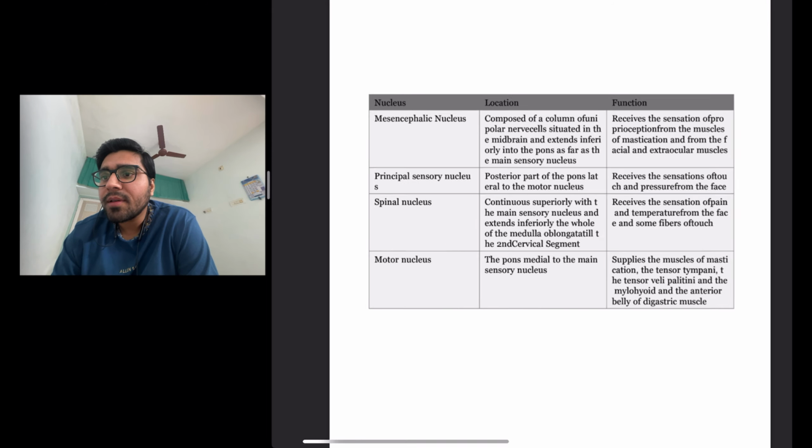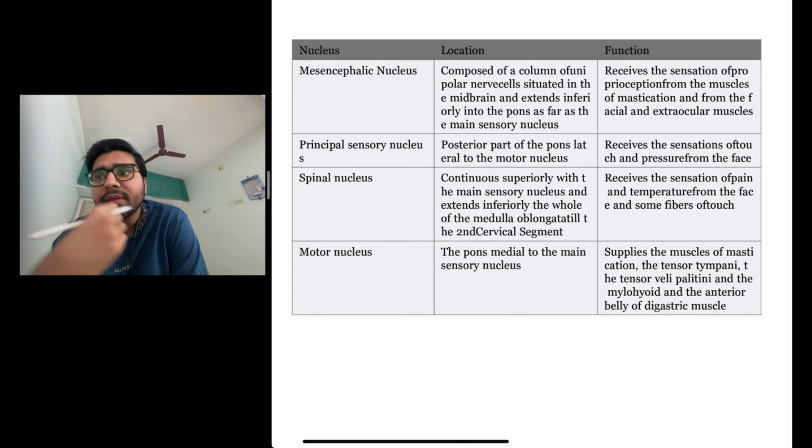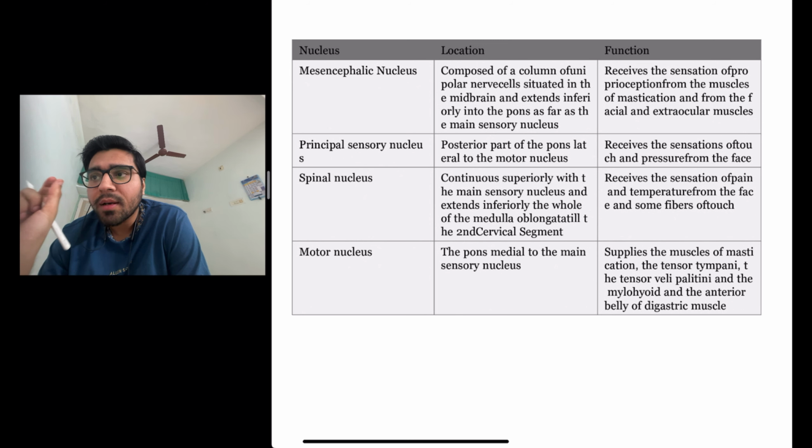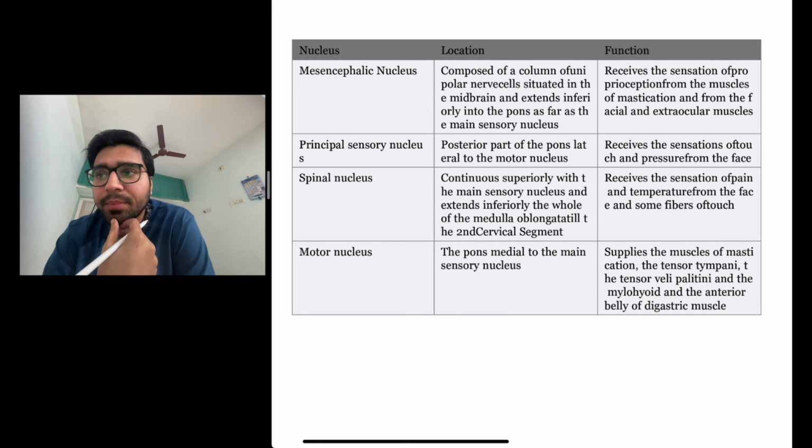So let us learn the table of location and function of the different nuclei of the trigeminal nerve. The first nucleus is the mesencephalic nucleus. The mesencephalic nucleus is composed of a column of unipolar nerve cells, which are situated in the midbrain and extend inferiorly into the pons as far as the main sensory nucleus.